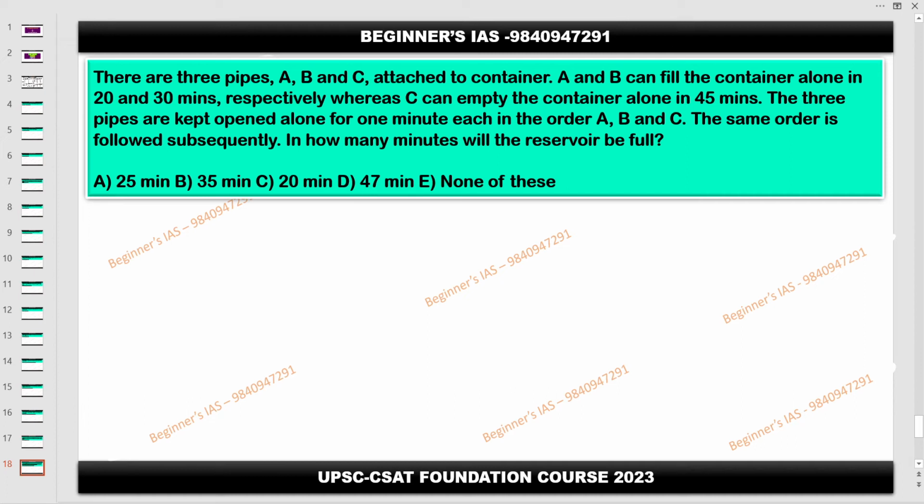Wait, Vamsi. So what would be the quantity of the container? We can take the LCM of everything. That is going to be the total quantity the tank is capable of. 20, sir. 900. What is the LCM? Answer C, 900. 900 is the LCM.